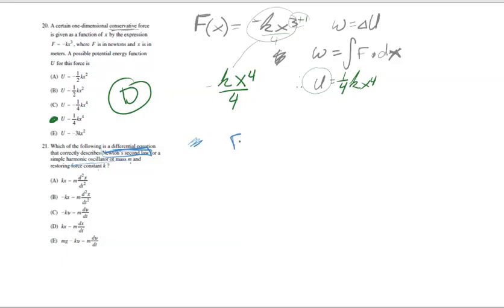Now, if you remember, it says restoring force, right? Guess what the restoring force on that is? It is your spring force, and that is by Hooke's law, negative kx. Depends on the frame of reference, but basically, you could just do that.